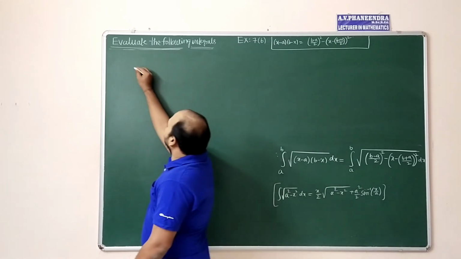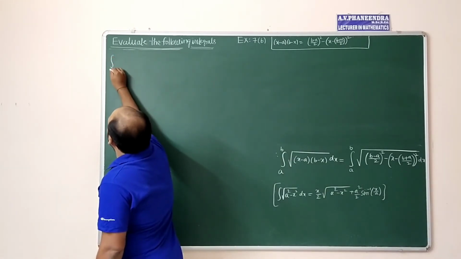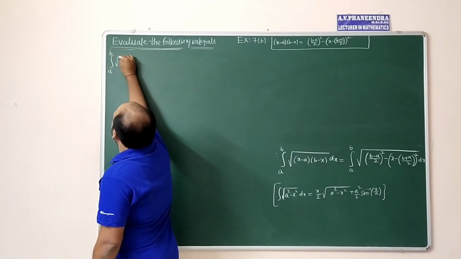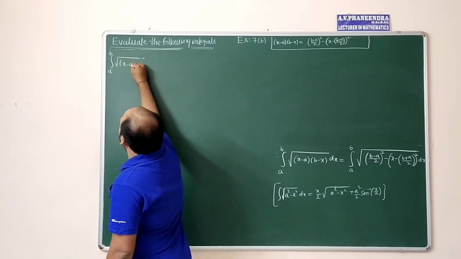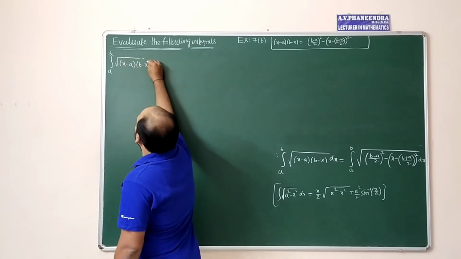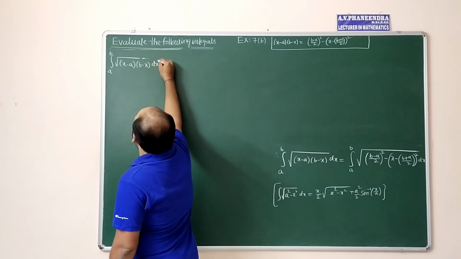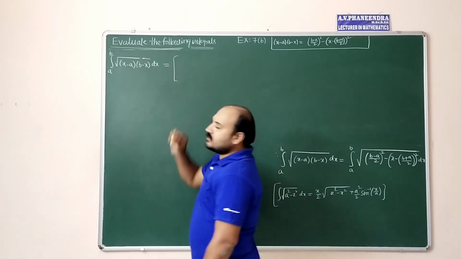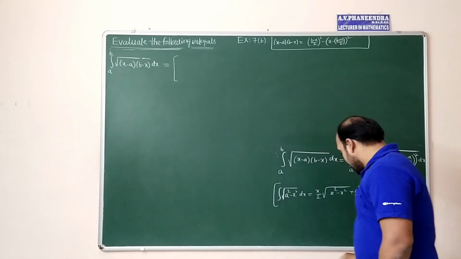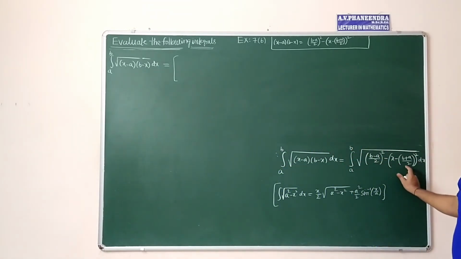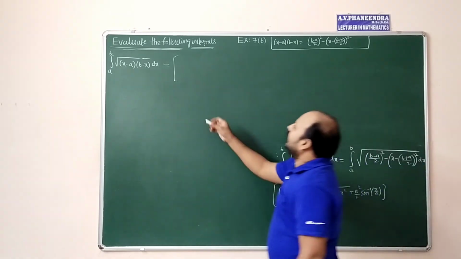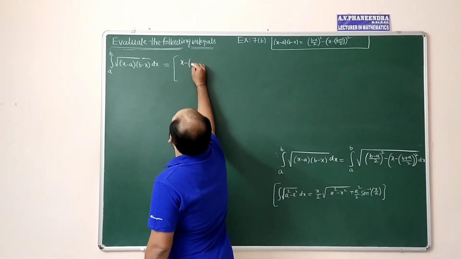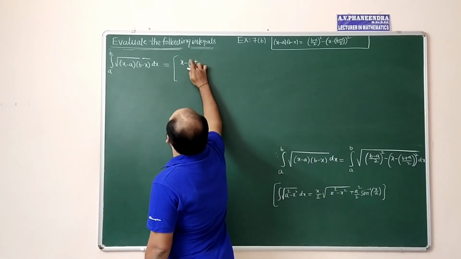So now integral a to b square root of (x minus a) into (b minus x) into dx equal to, keep bracket, x by 2. What is x in this? This is the value of x, x by 2, (x minus (b plus a)/2) there.